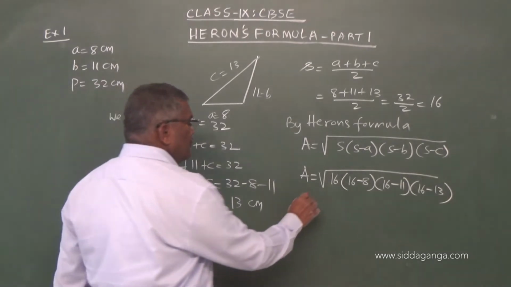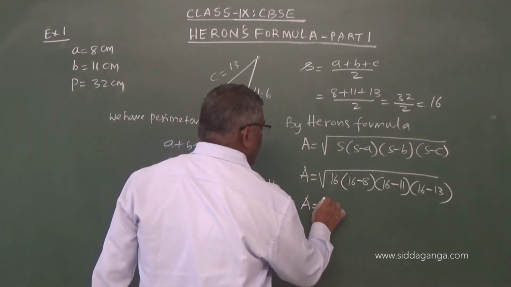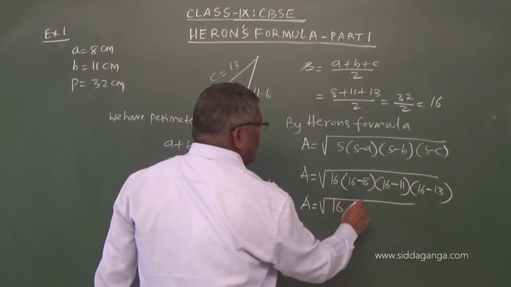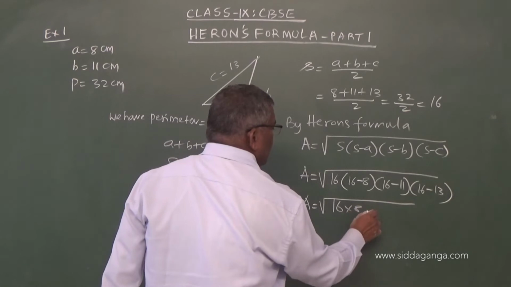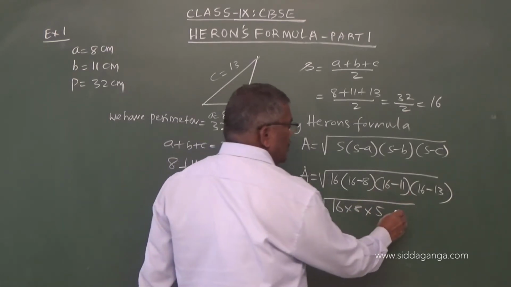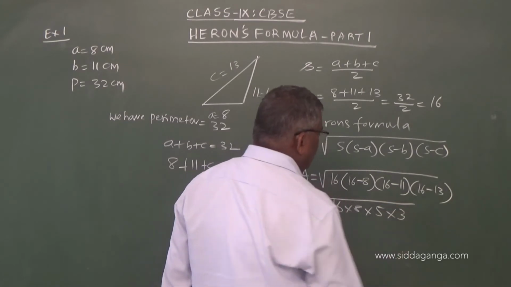So area equals root of 16 into 16 minus 8 is 8, 16 minus 11 is 5, 16 minus 13 is 3.